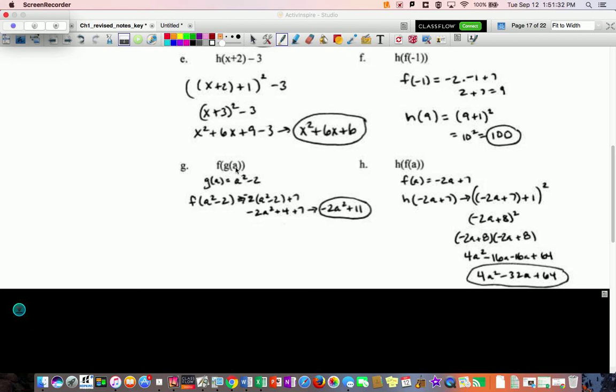Here the a plugs into function g, so it replaces wherever you see an x, and you're just left with a squared minus 2. But now that a squared minus 2 has to go into f, so it replaces the x. So you have negative 2 times this quantity plus 7. If you multiply it out, 4 and 7 add up to 11. And then finally, plugging a into f gives you negative 2a plus 7.